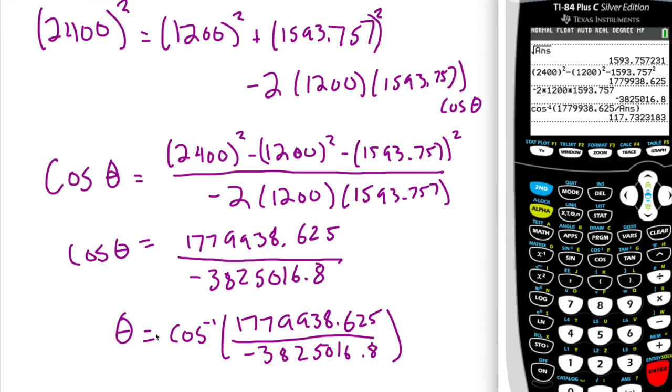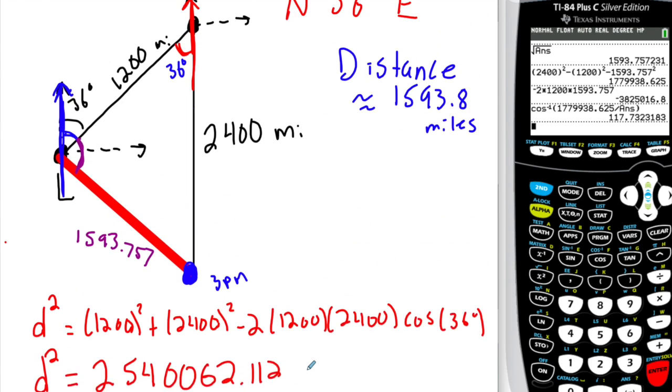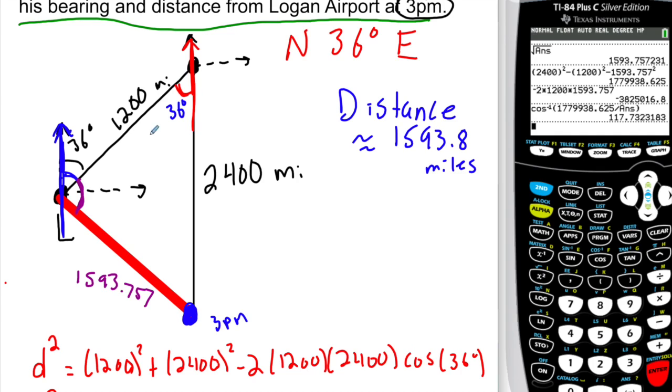Nice, here we go. So at this point, theta is approximately 117.732 degrees. So this purple piece is 117.732. This is 36.